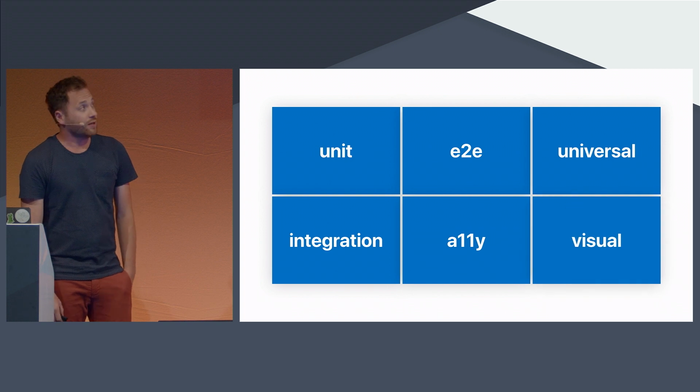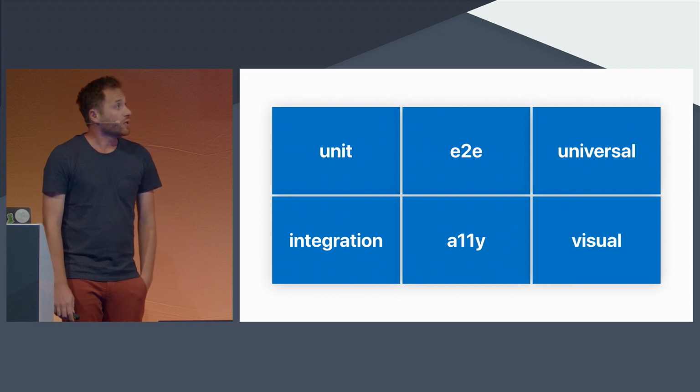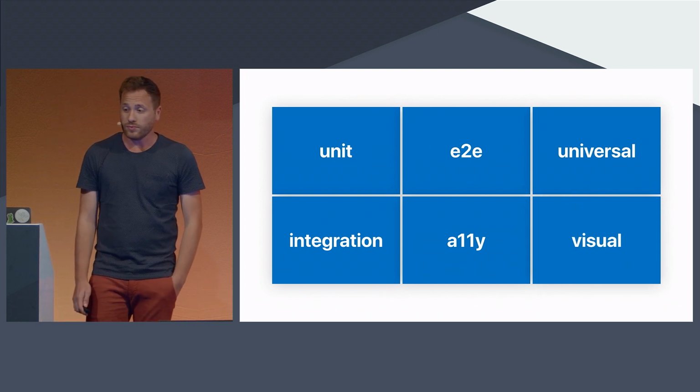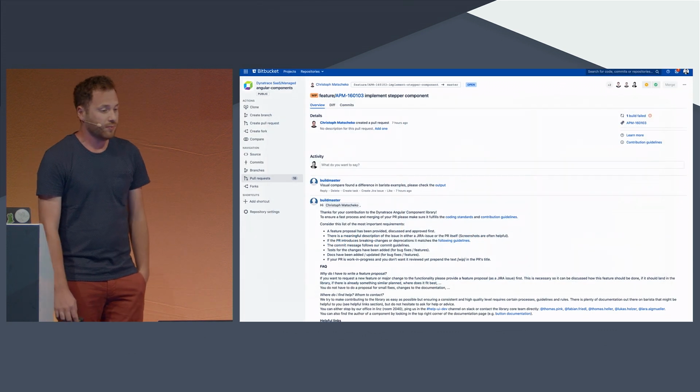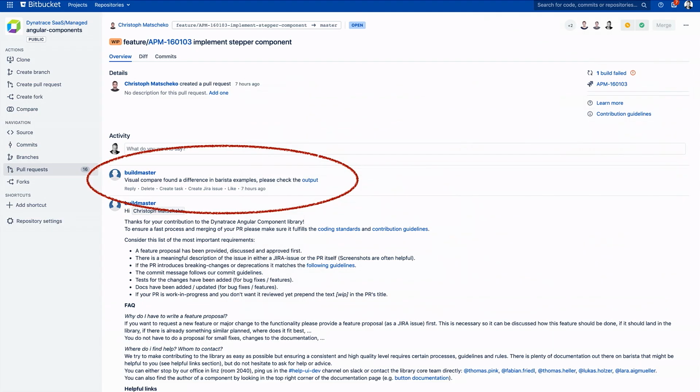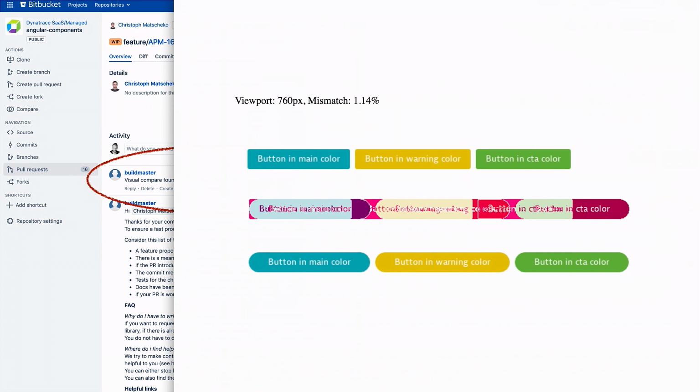And we added visual comparisons to our pull requests. So when we look at a pull request like this, our build master adds a comment to the pull request and attaches a visual diff. When you look at it, it opens up, and you can see exactly what changes visually in your pull request.